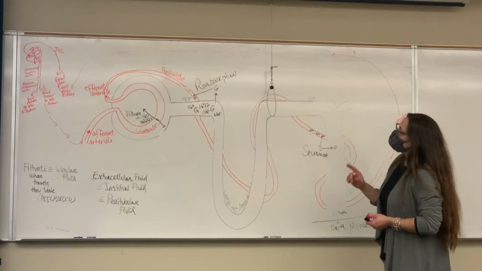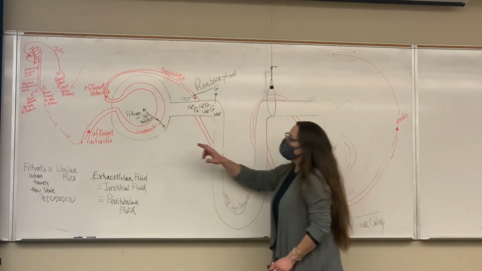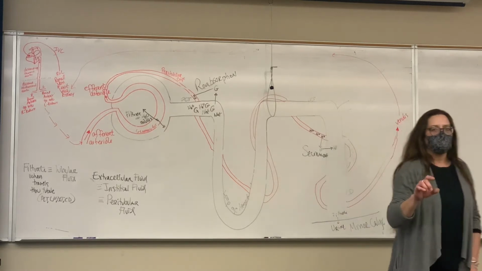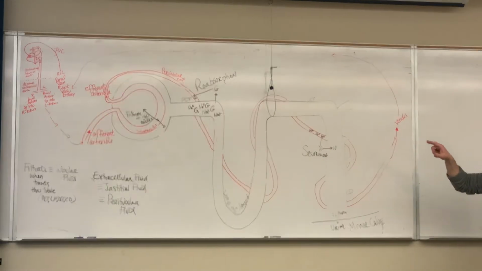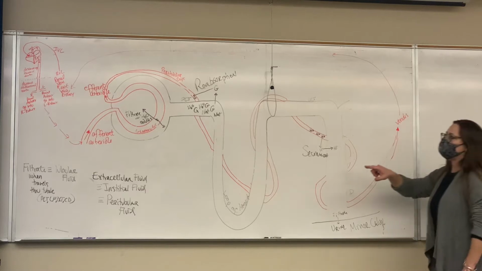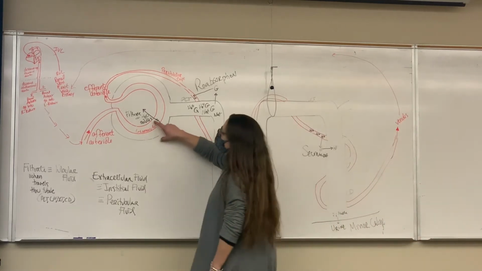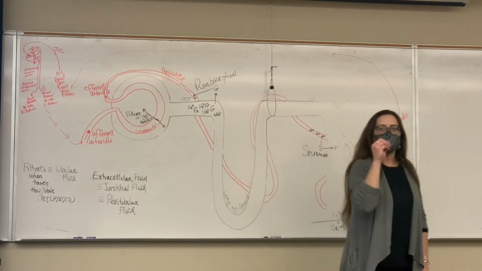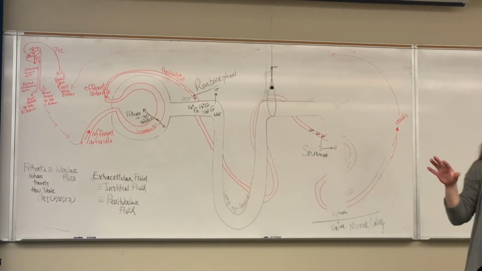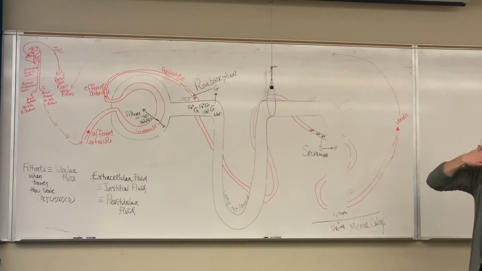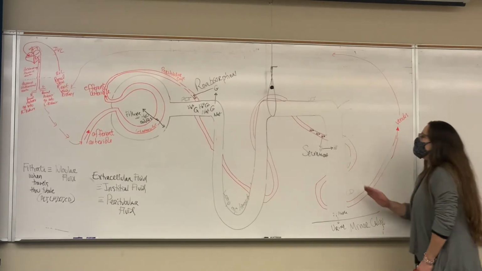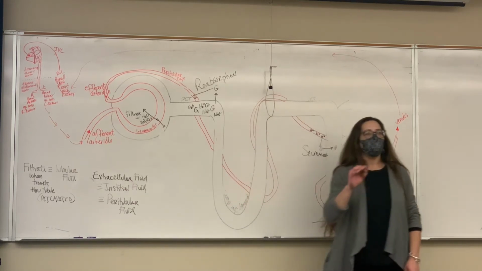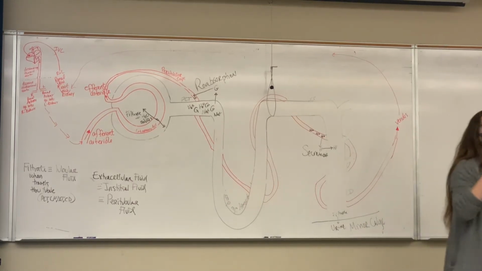Okay, so I said over here, for filtration, the water and solutes don't use pumps, they don't use channels. That's because whatever is small enough will get forced across the wall of the glomerulus, because the glomerulus is very leaky. It's got little pores in there. So we don't use pumps and channels there. It's just whatever's small enough will get forced out. When you look at the cells that make up the renal tubule, they are mostly simple cuboidal epithelia.